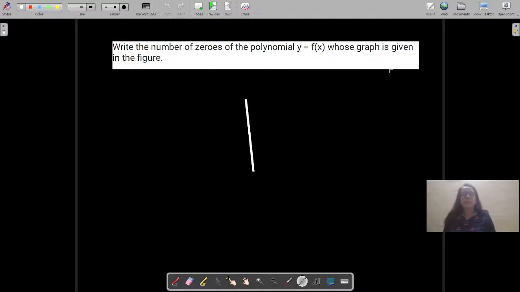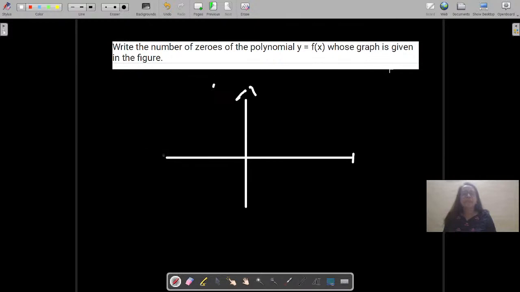So if you know the Cartesian plane, children, one Cartesian plane we are given. Cartesian plane, you know what that is.